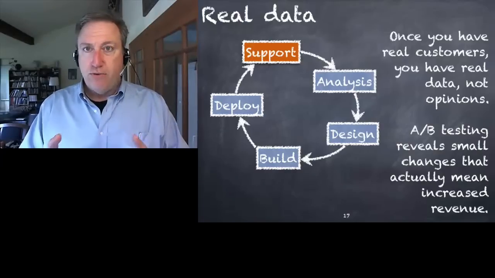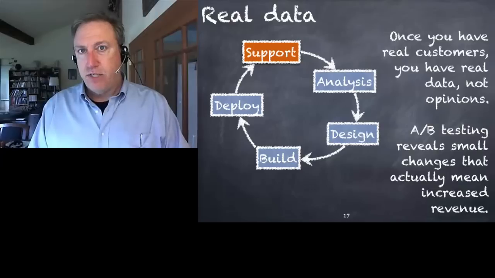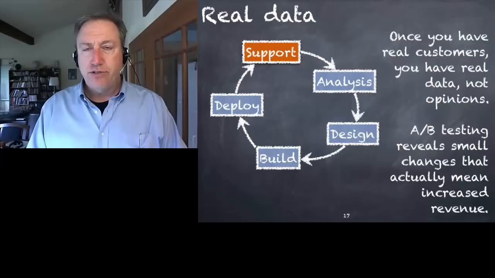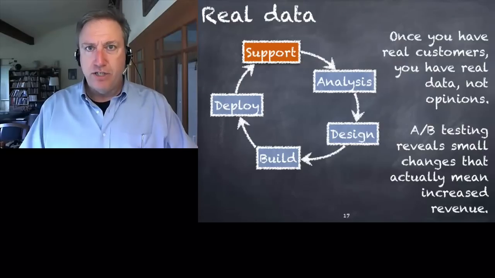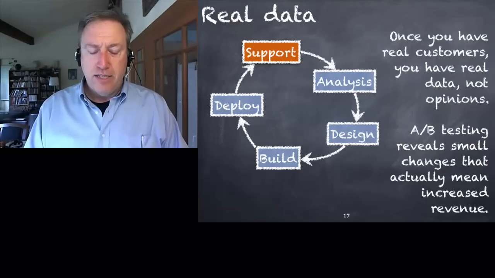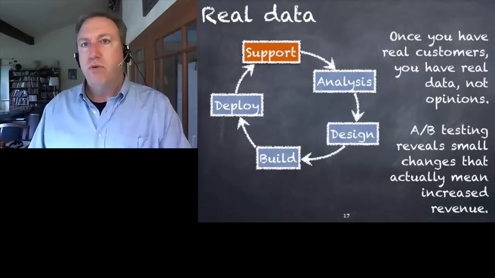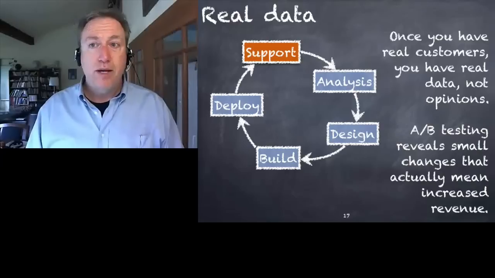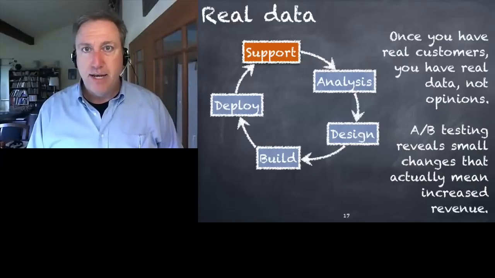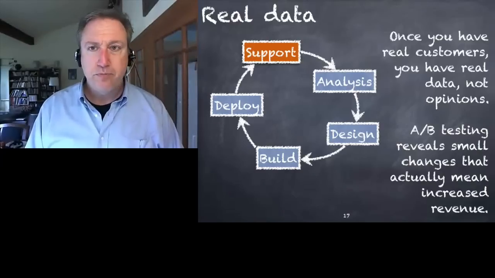This is great for finding out the details of what should we do next. It's not so good about finding out the strategic decisions you have to make. This kind of testing will never tell you, should I produce an iPhone? or some other breakthrough product, but it's great for optimizing an existing product.